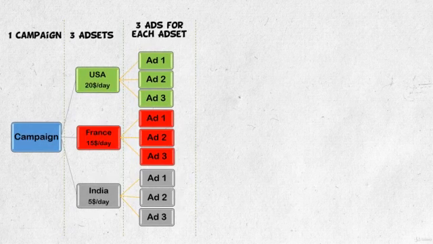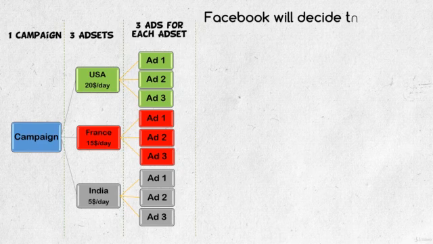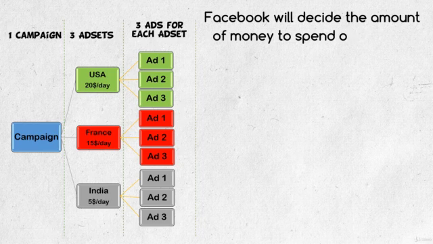Then you have the possibility to create 3 different ads for each ad set. What will happen in this case is that Facebook will decide the amount of money to spend on each ad. For example, for the first ad set, Facebook could decide to spend $15 on the first ad, $4 on the second ad, and $1 on the third one.